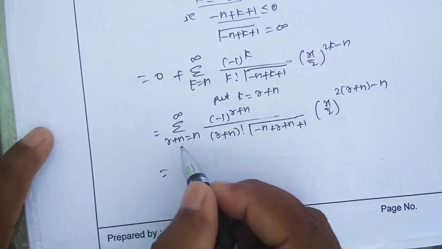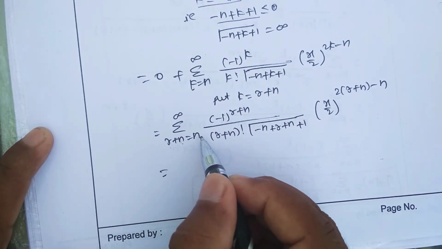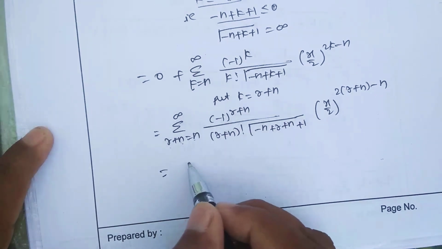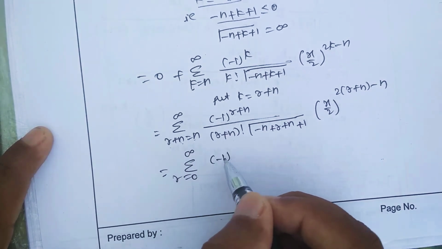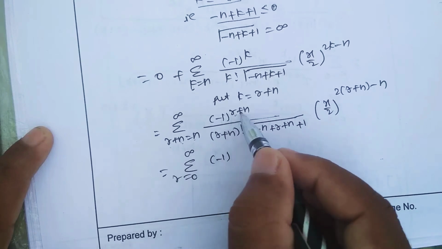Now simplifying this, n goes to the RHS, it becomes minus n. So n minus n becomes 0. That means r starts from 0 to infinity, minus 1 raised to r and minus 1 raised to n.